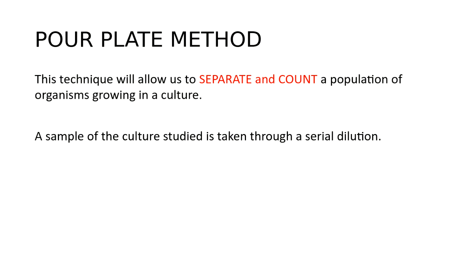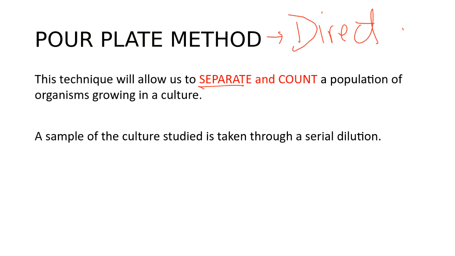All right, so there are two direct methods we can use. There is one indirect method that we're going to be doing also in the virtual lab. The pour plate method is what we would call a direct method of counting bacteria, and I'll show you why it is called direct. In order to count, you have to dilute, so you have so few organisms that you can actually count them.